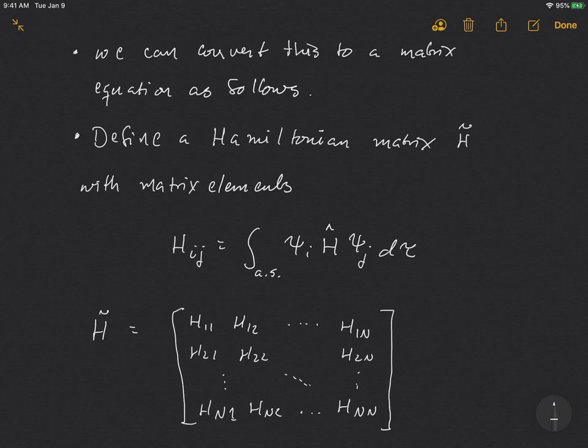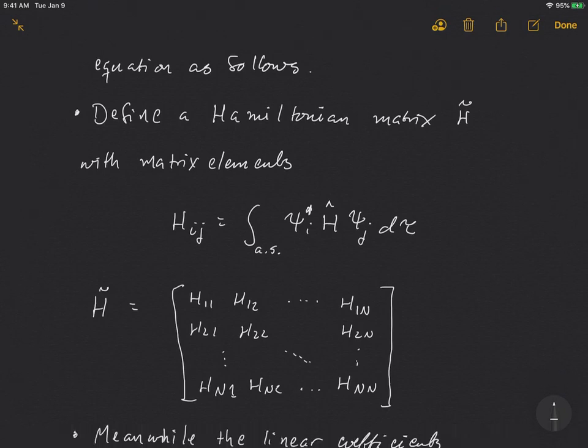And so our individual matrix elements H_ij are equal to the integral over all space of psi i star H psi j d tau, where d tau is the generalized volume element. And that's going to be true for each of these matrix elements.